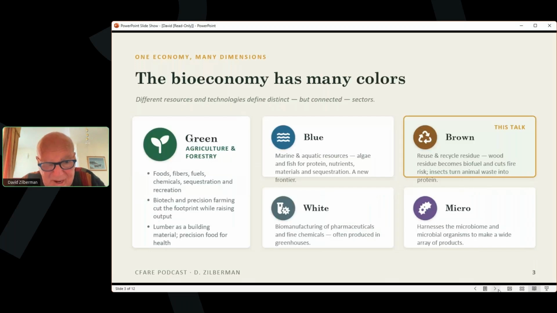Now, the bioeconomy has many subsectors. The green bioeconomy includes agriculture and forestry, producing food, fibers, and fuel. It benefits from biotechnology and precision farming.